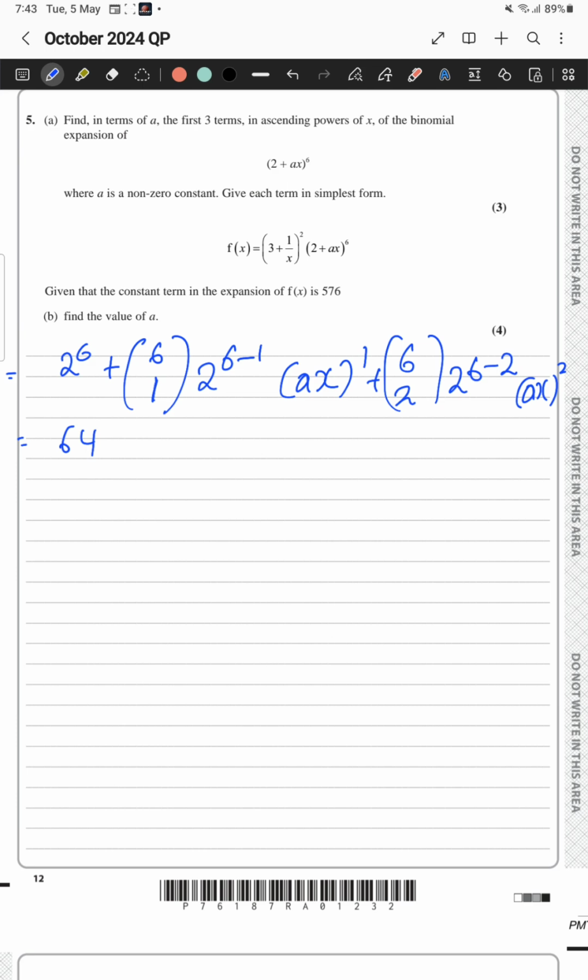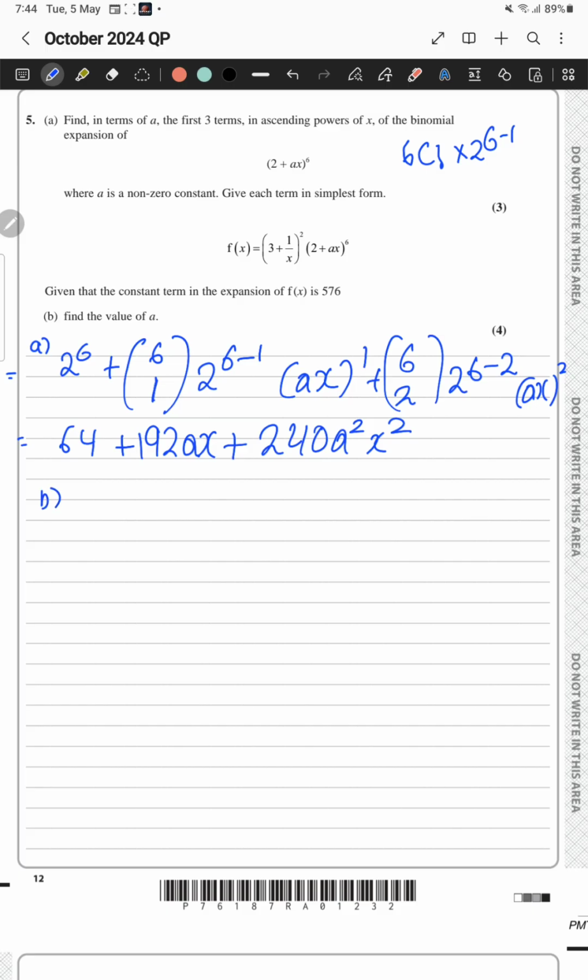You type 6, C, 1, and times by 2 to the power of 6 minus 1, plus 192ax, plus 6 choose 2 times 2 to the power of 6 minus 2, which is going to be plus 240a squared x squared. So that's the A part done.